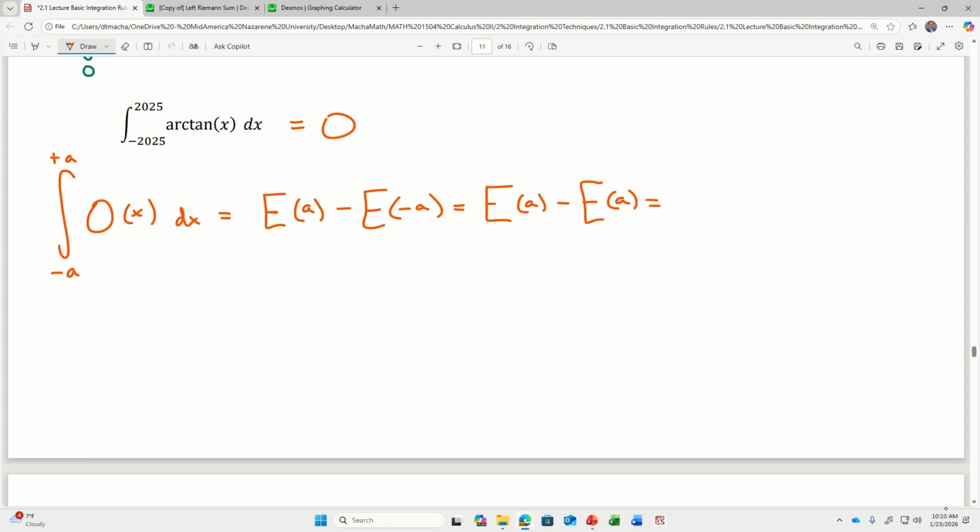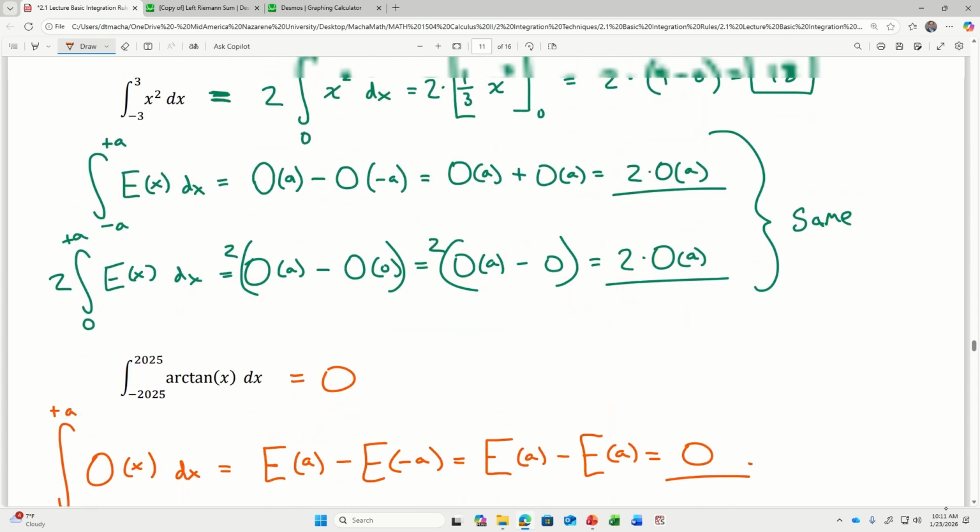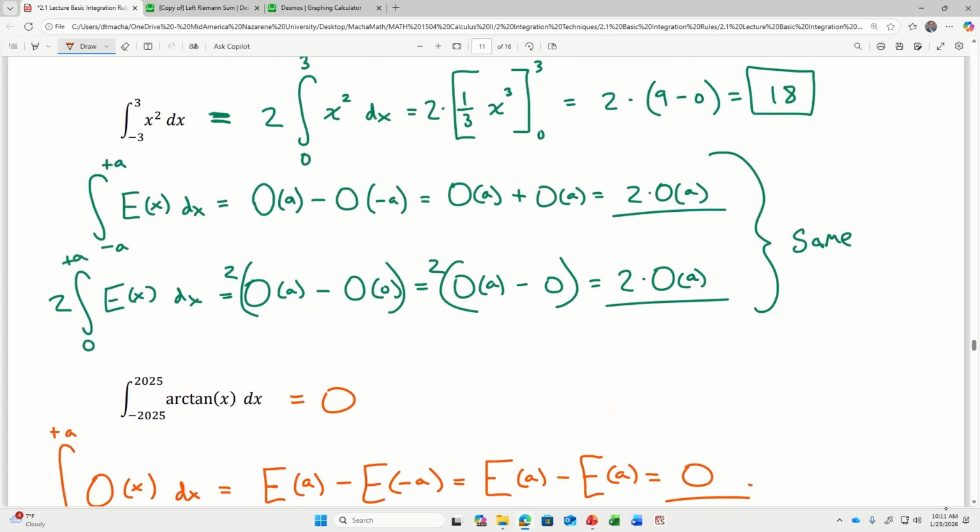And so I've got my even function evaluated at a minus my even function evaluated at a. That's 0. And the only real requirement here is that the integrand is odd and the bounds are equal and opposite. So do these rules make sense? A little bit.